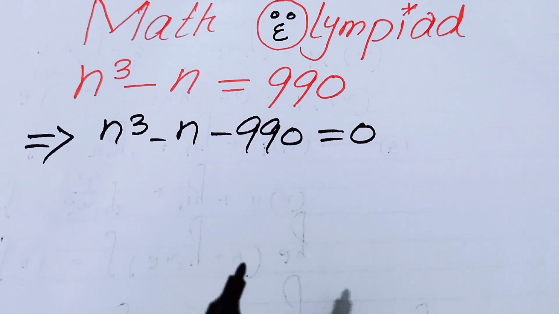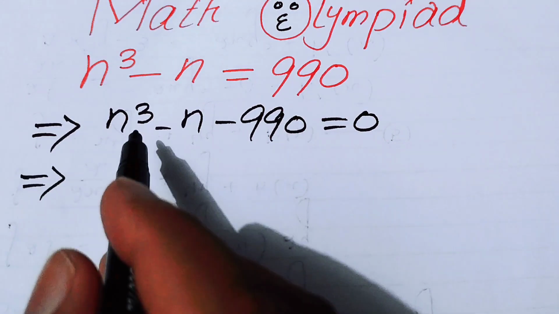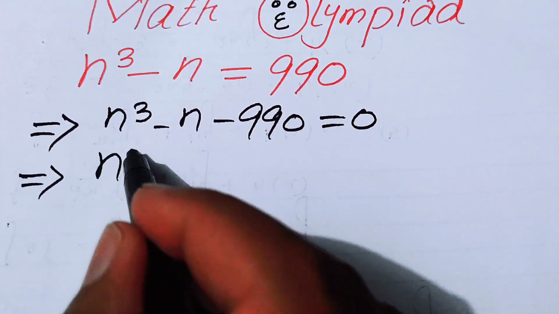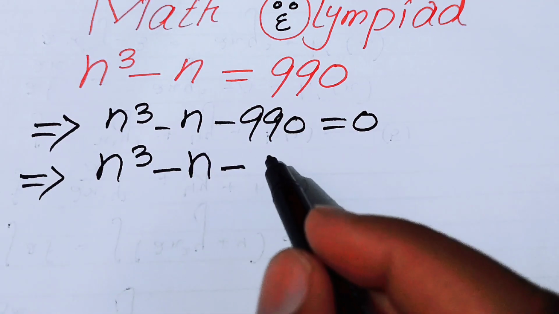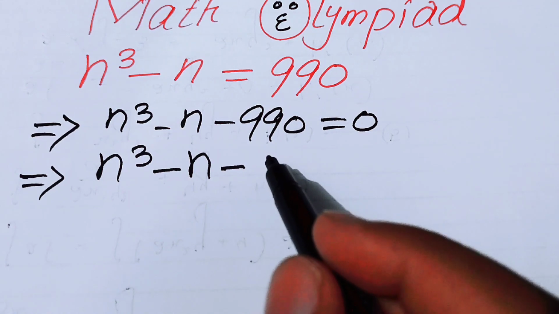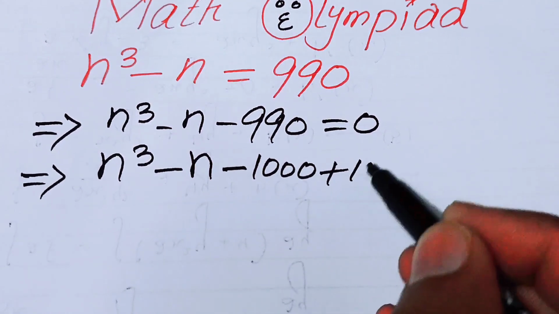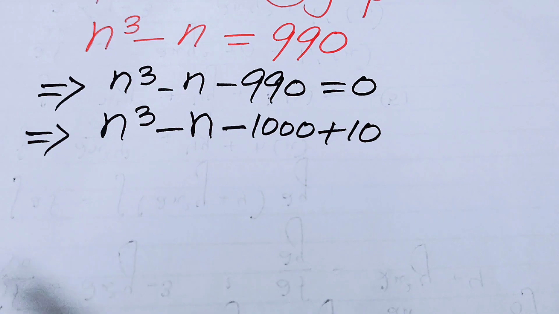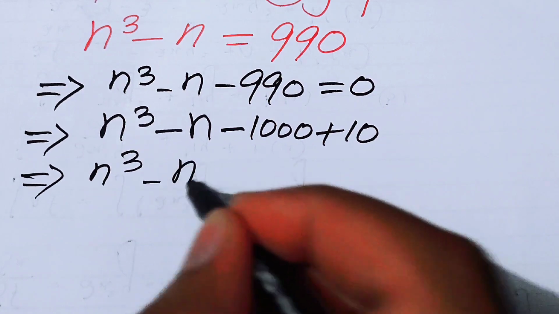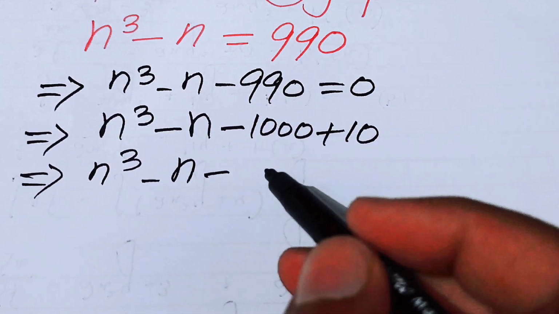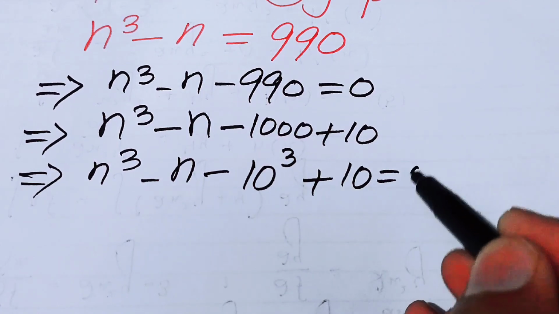After this step we will make the factors of this cubic equation. First I can rewrite this cubic equation as n cubed minus n minus 990, and we will write this 990 as 1000 minus 10. So now we rewrite this equation as n cubed minus n minus 1000, which we write as 10 cubed, plus 10 is equal to 0.